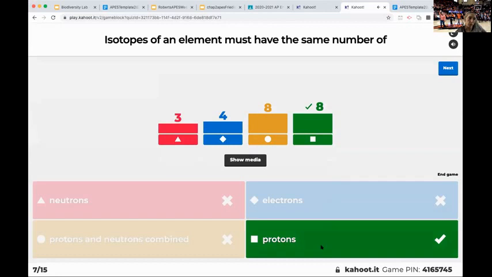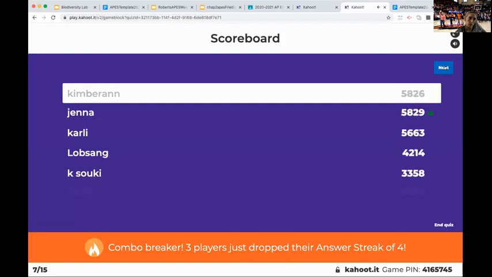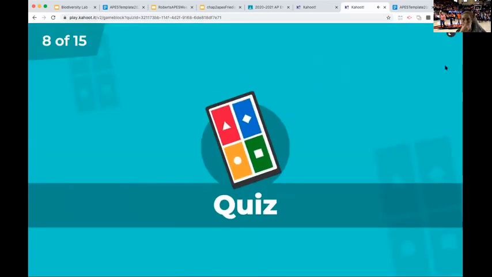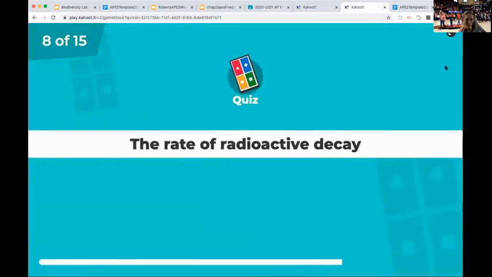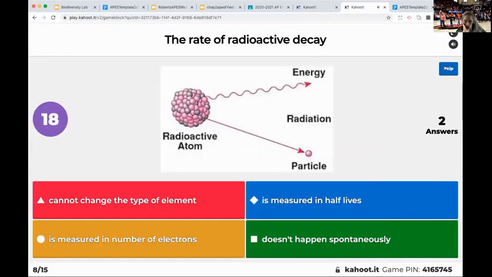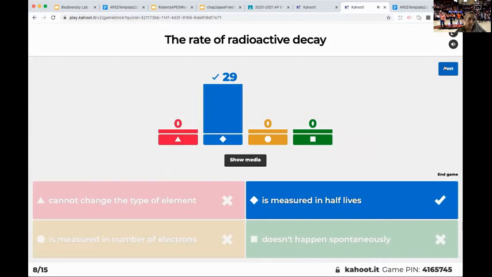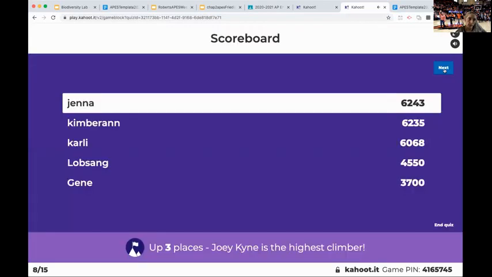Yes, so same number of protons, different number of neutrons. Good, 100%.